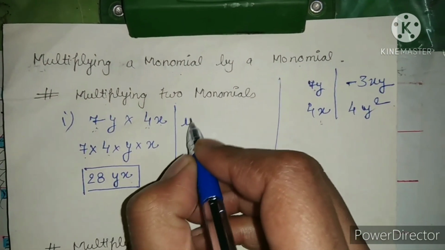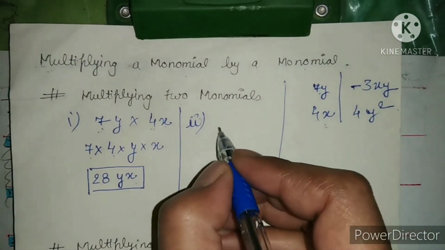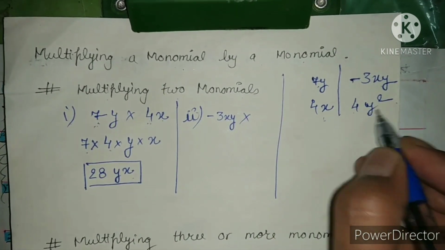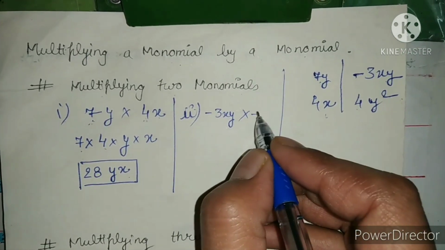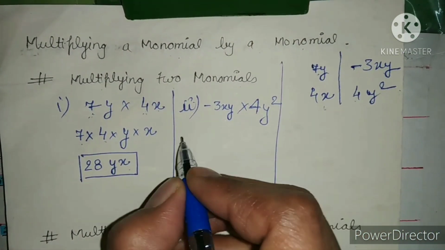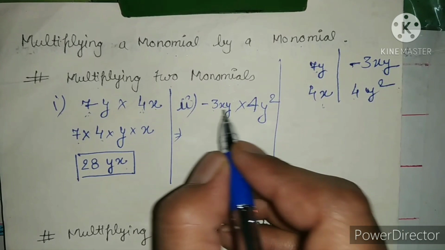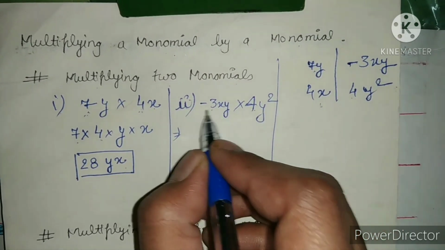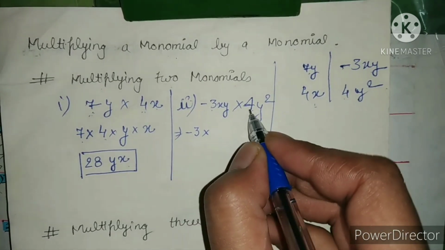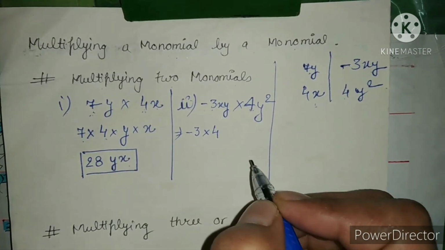Next we take the second one: minus 3xy multiplied by 4y square. Firstly we multiply the numerical coefficients. Here we have minus 3 and in the second one 4.